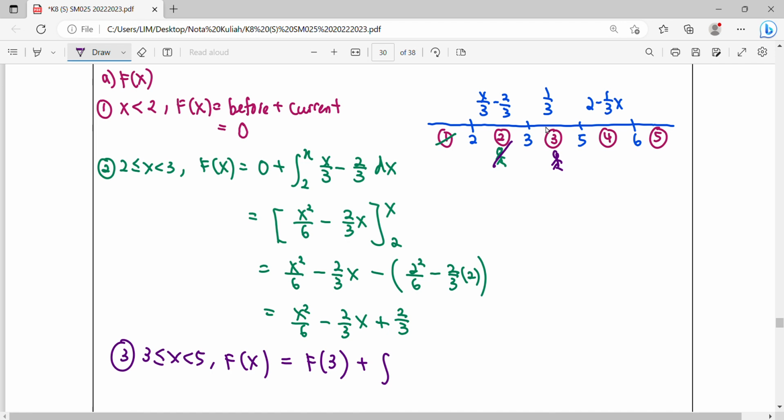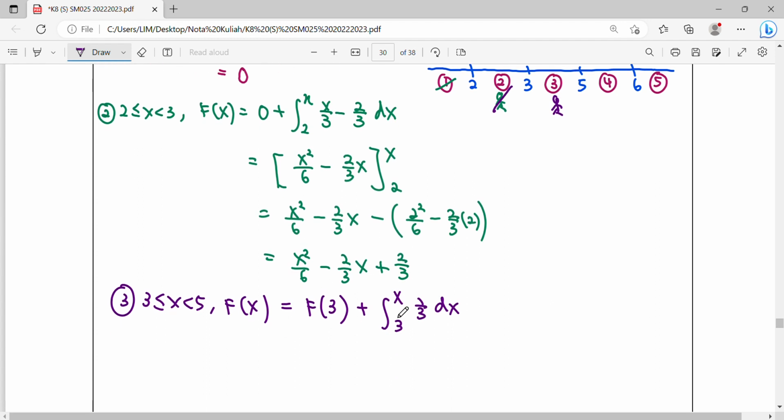You will integrate 3 up to x, not 5, because we haven't finished this interval. We are on it currently, masih lagi berlaku, so unknown x. For this function, 1/3 with respect to x. So before that kamu dah melangkau sampai x3. So before that kita akan substitute 3 ni kepada F besar yang sebelum ini yang kita dah capai ni. 3 square over 6.